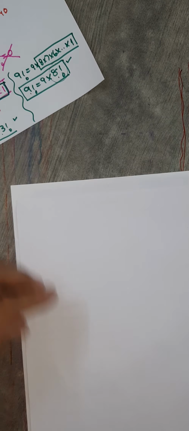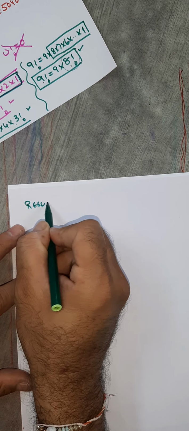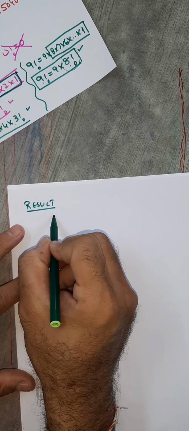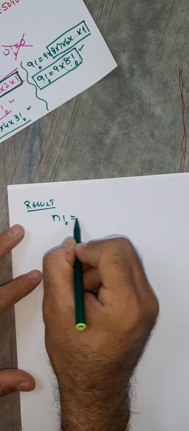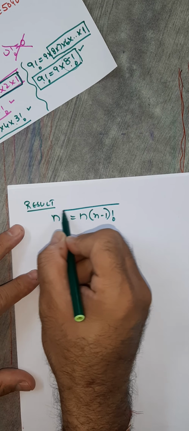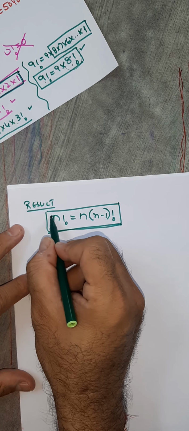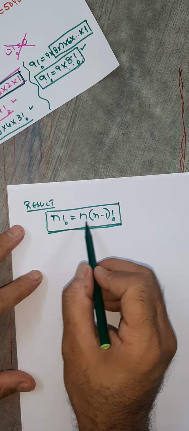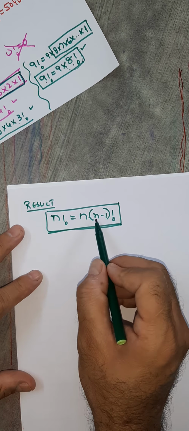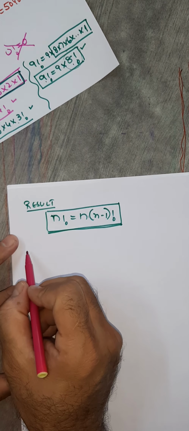This is always true. If you have n factorial, you can write it as n into n minus 1 factorial. This is the bigger factorial, that is the smaller one. You know this is n into n minus 1 up to 1, and that is nothing but n minus 1 factorial.